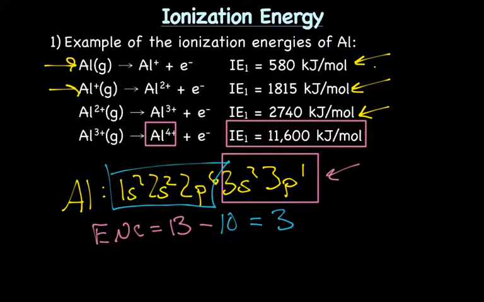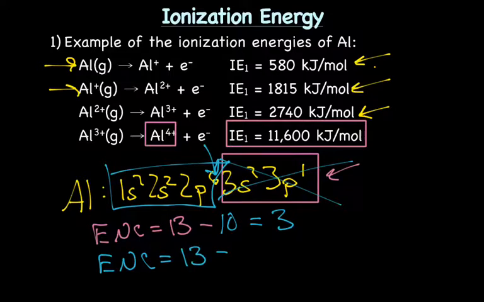So it's hard to remove them, and it gets harder as you remove more because you have an unequal number of protons and electrons. But then what happens if we try to jump down and remove an electron here? So these guys are now gone. The nucleus still has 13 protons, but now our valence electrons are in the 2 range, right?